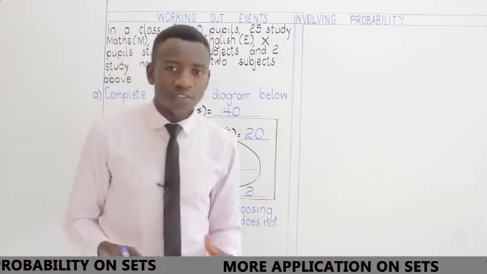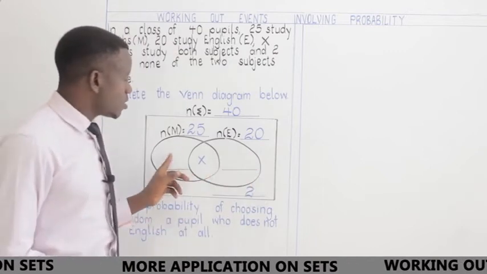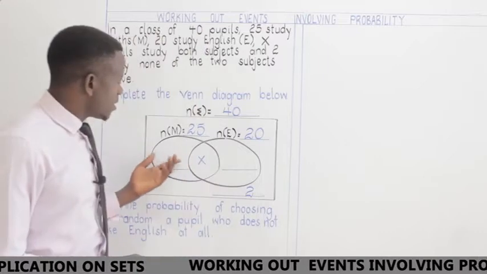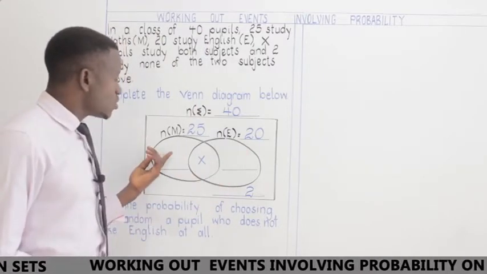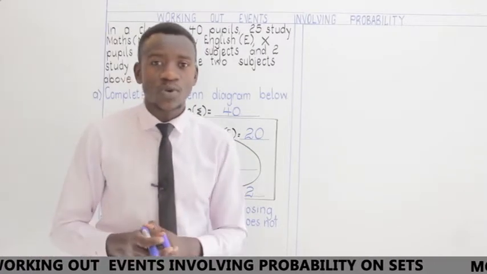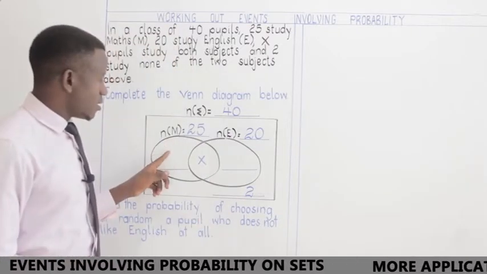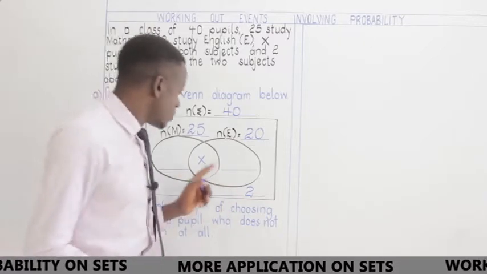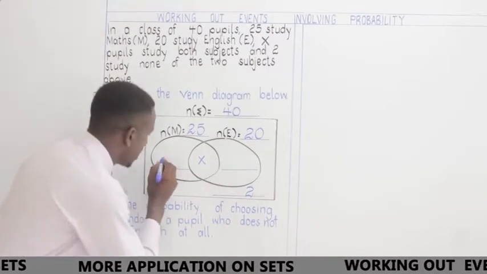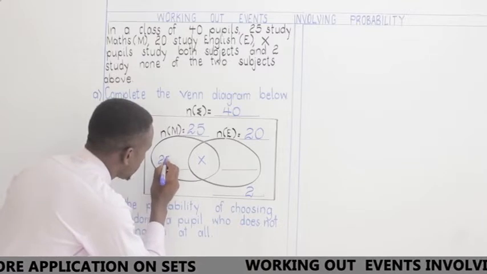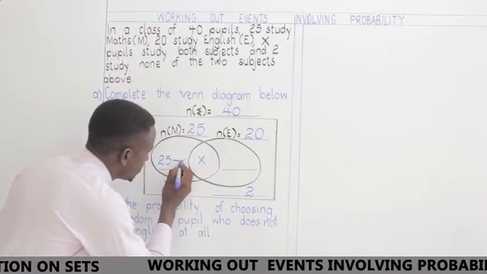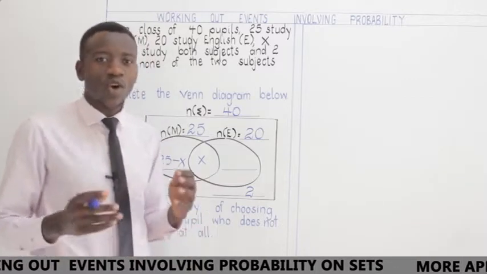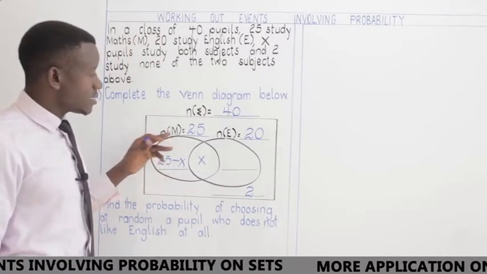So after filling the information on the Venn diagram from our statements above, we have the 2 dashes here. These regions, in previous classes, we would look at them like mathematics only, and this one is English only. So we shall subtract the intersection as we have 25 minus X, the intersection, so that we have those pupils who like only mathematics.